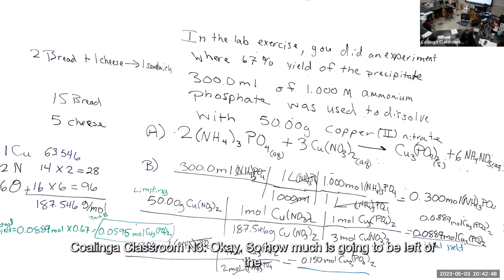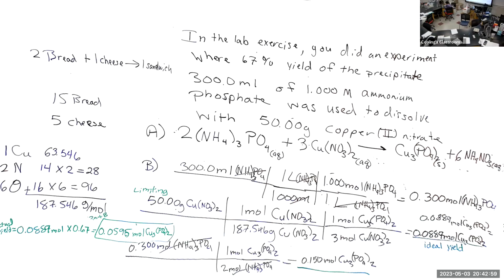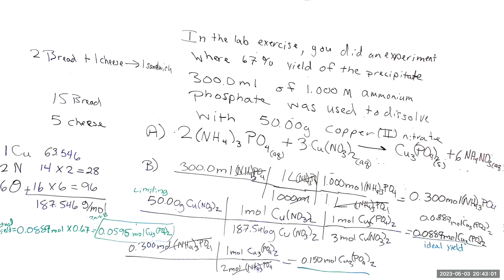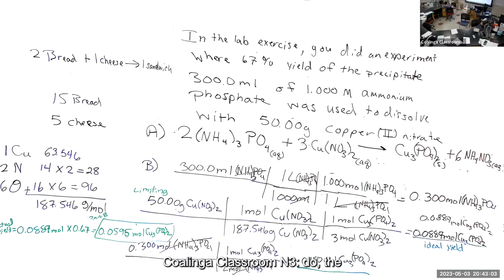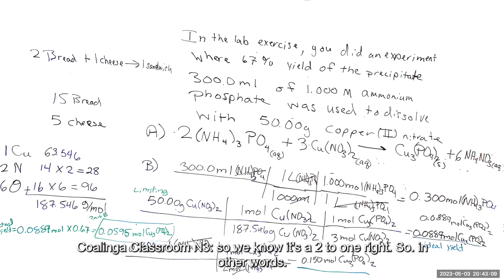Okay, so how much is going to be left of the ammonium phosphate? What is the mole to mole ratio of the ammonium phosphate to the copper phosphate? A 2-to-1? So we know it's a 2-to-1, right?